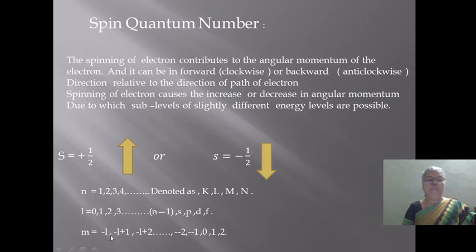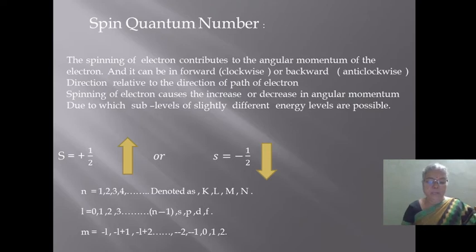And M is equal to minus L, minus L plus 1, and so on, or it may be written as minus 2, minus 1, 0, 1 and 2. These are the values of magnetic quantum number. And the spin quantum number may have either plus 1/2 value or minus 1/2 value.